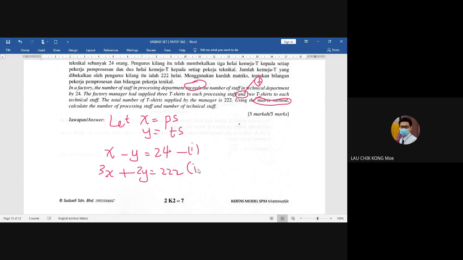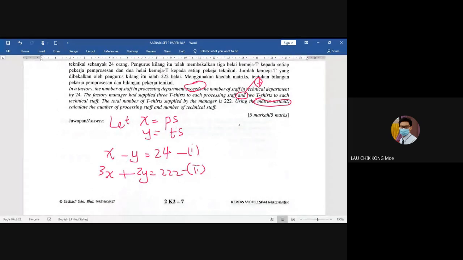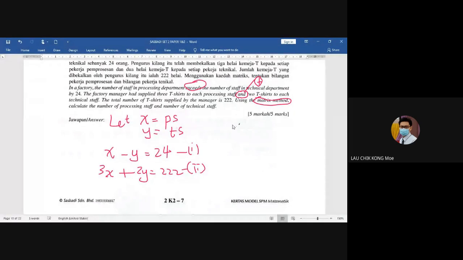So this is equation 2. So this one we need to use a matrix method to solve. So if you use the other method, no marks. So this is 1, -1, 3, 2. So kali ini memang ada matrix tapi matrix saya senang lah. Okay, S, Y equals to 24 and 222.